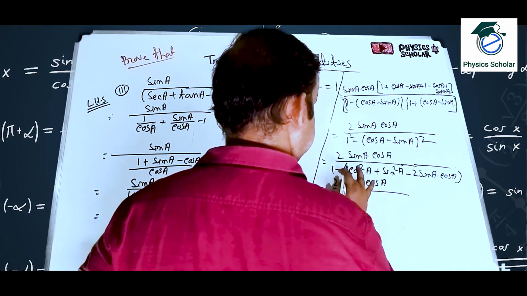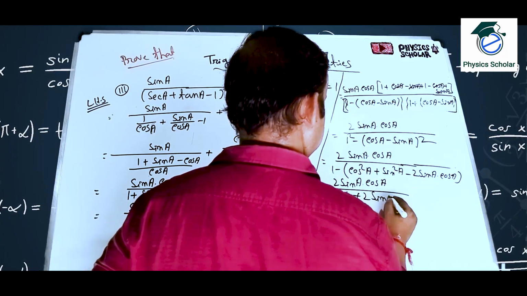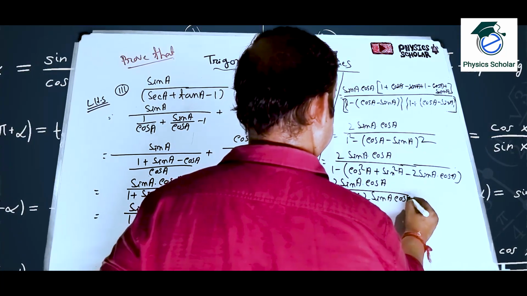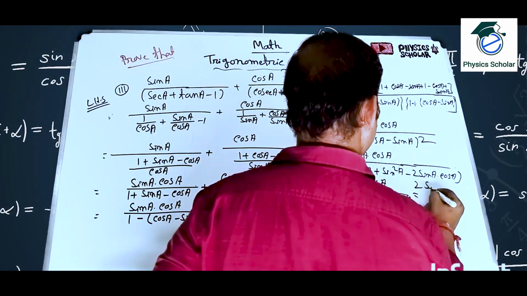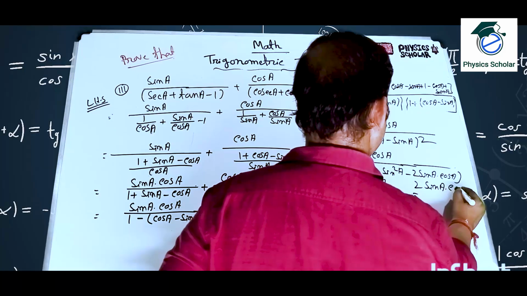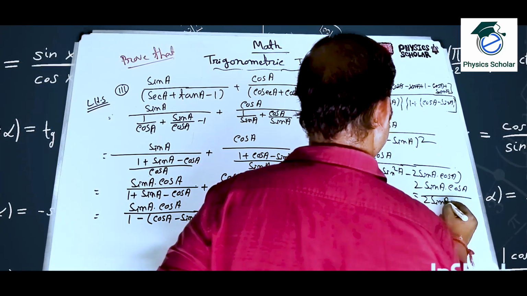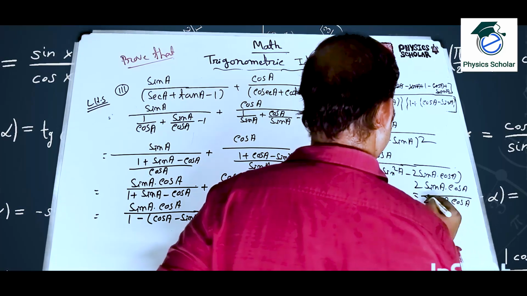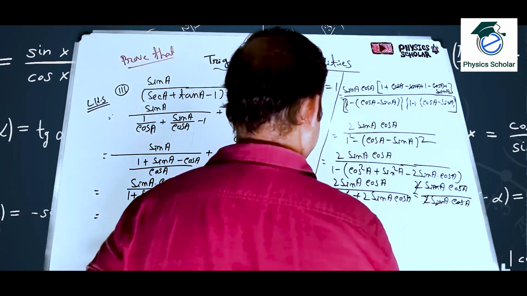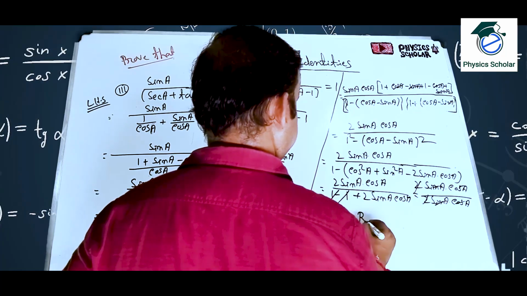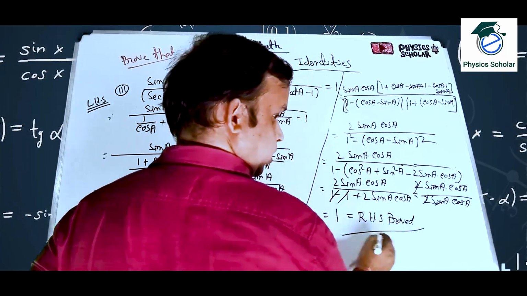Okay, plus it is minus, so we are omitting the bracket, so it will be plus 2 sin A cos A. So what? This will be cancelled, so that means what? 2 sin A into cos A whole divided by 2 sin A into cos A. This will be cancelled. Clear? So that means what? 1 is equal to what? Right hand side. Proved. Clear?